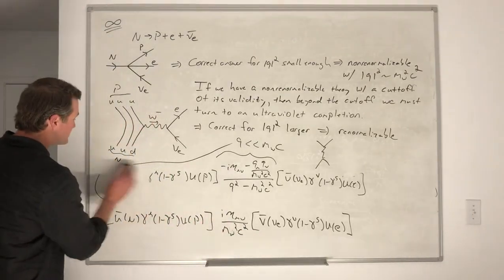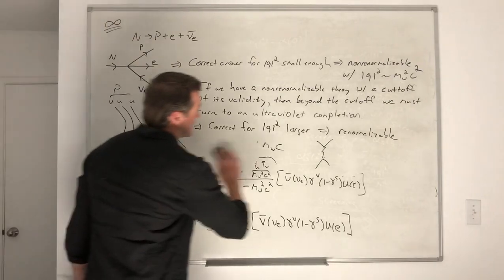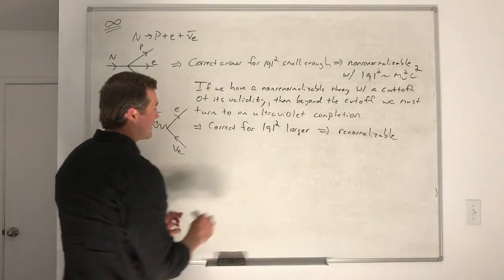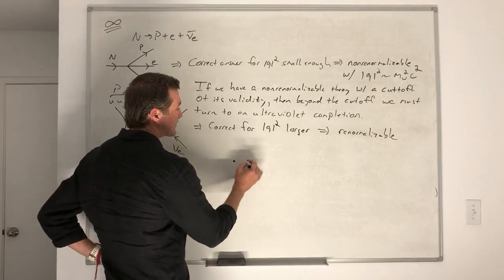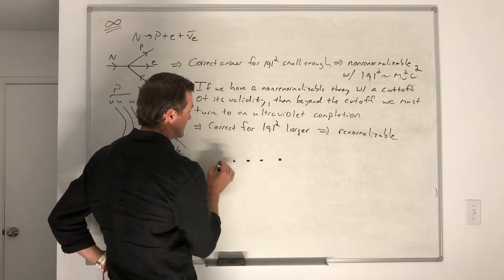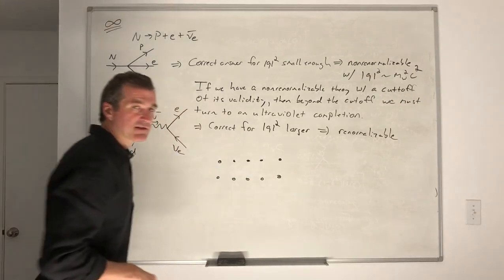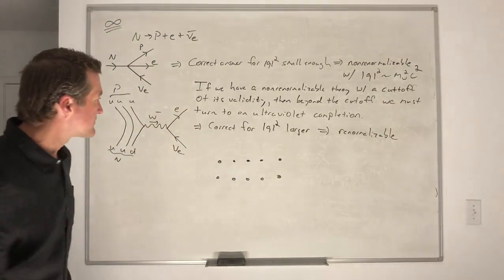For example, I can take a discrete system. Okay, so this is a discrete atomic system.